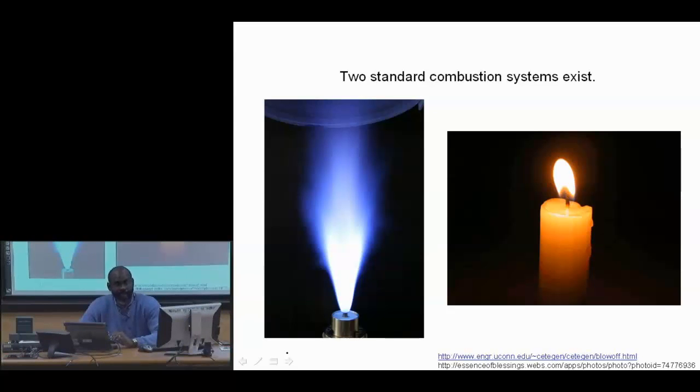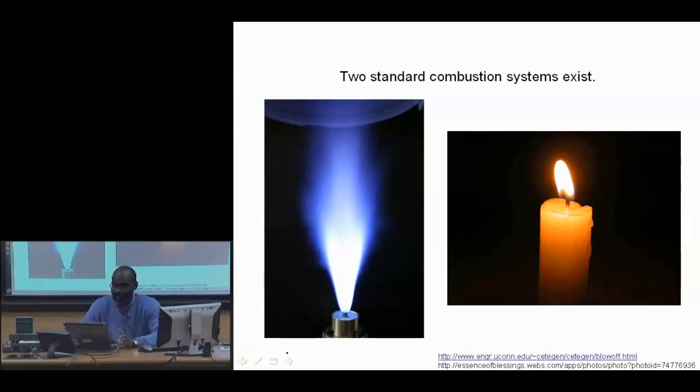So typically, the types of systems that have premixed flames are spark-ignited automobile engines, stationary gas turbine systems, the burner on your cooktop. So those are all premixed flames because we're mixing the oxidizer, the air, and the fuel prior to this reaction front.